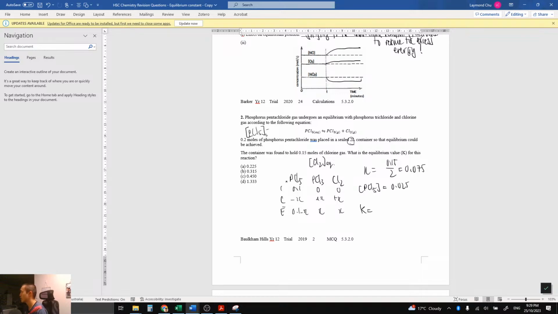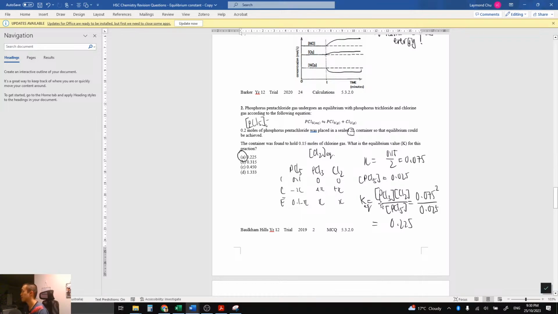Therefore our Keq expression is the concentration of PCl3 and the concentration of Cl2 over PCl5, which is 0.075 squared over 0.025, which is 0.0225, which is A. Okay.